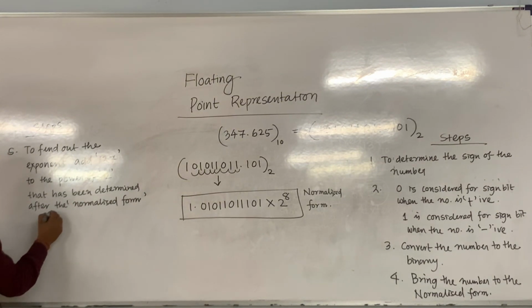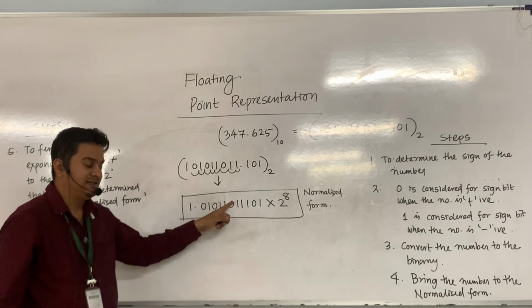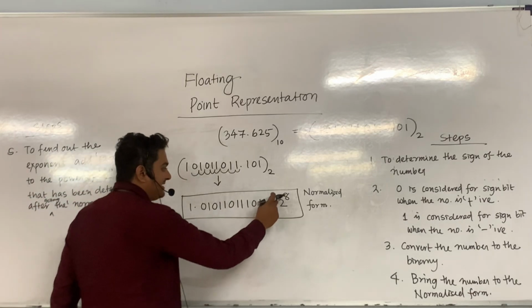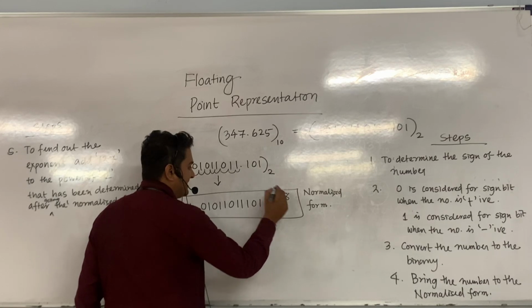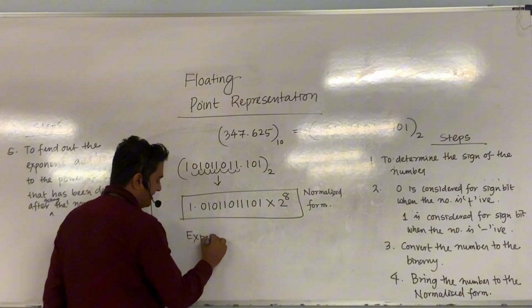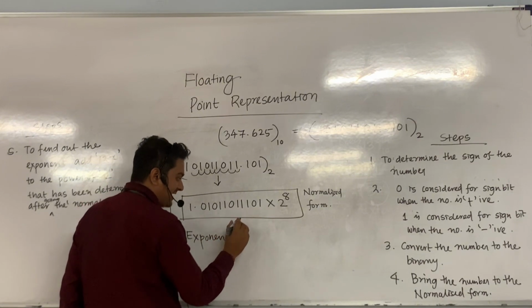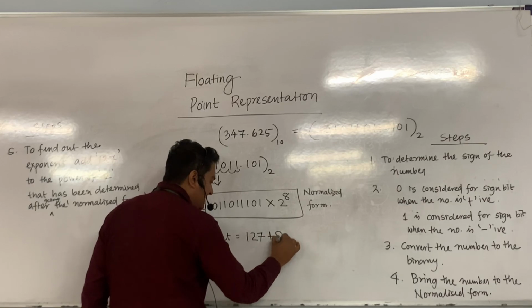So here I am writing after getting the normalized form. So this is the normalized form. After getting the normalized form, what we have found? The power of 2, that is 8. So exponent I can calculate by adding 127 plus 8.